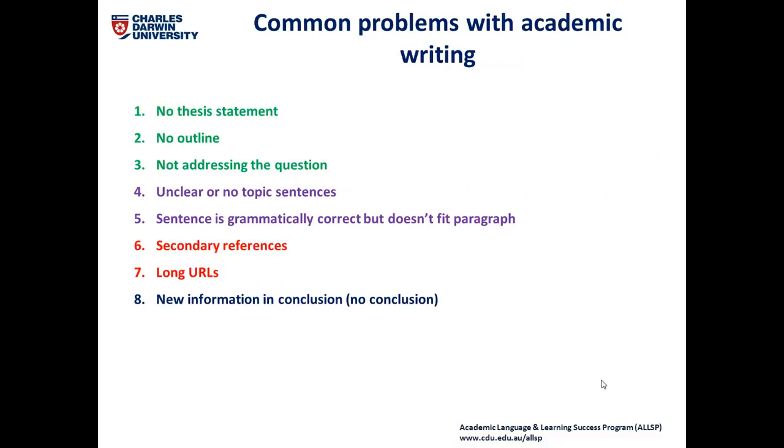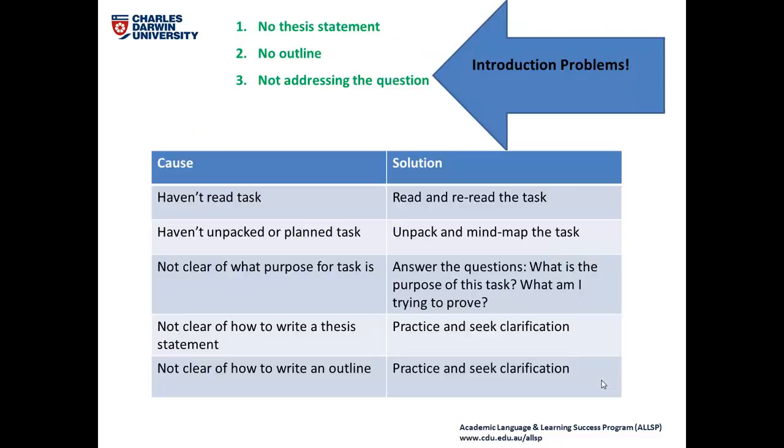The next section that I'm going to move on to is common problems that students experience with their academic writing and strategies to overcome it and improve their essays. There's 8 of them that I'm going to discuss today. Now the first 3 relate to problems with an introduction, and that's no thesis statement, no outline, and not addressing the question.